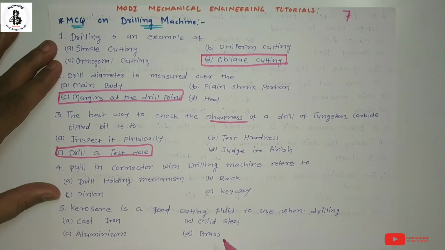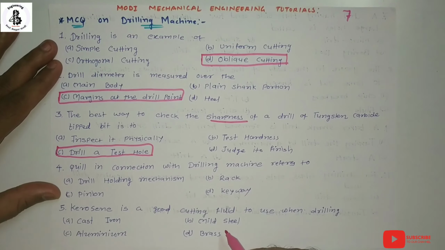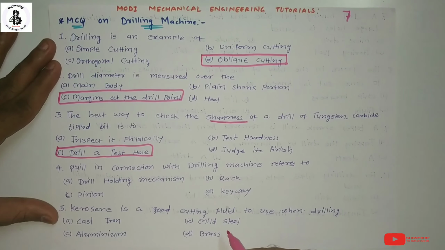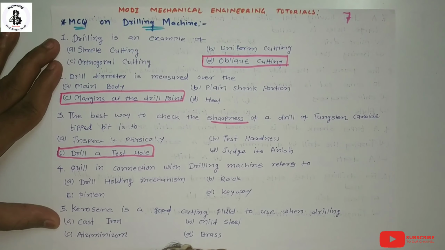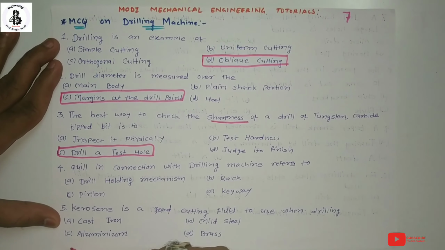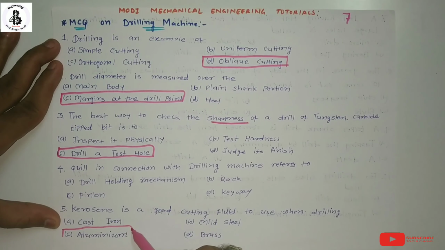So kerosene is basically used when working on aluminium, not only for drilling, but any kind of cutting you can perform on an aluminium job. So kerosene is the best way of controlling the heat as well as the flow of the chips. So kerosene with aluminium. So option C.